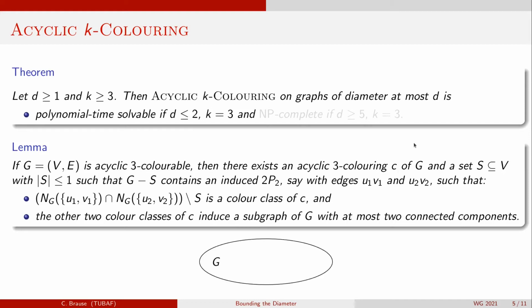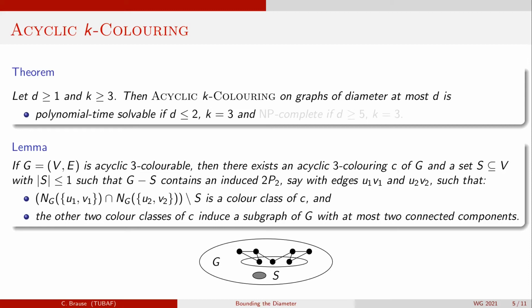If we have such a graph, then we find an acyclic 3 coloring, let's call it C, such that we have to remove at most one vertex, and in the obtained graph we find an induced 2P2 whose neighborhood is one of the color classes of C. Furthermore, if we remove this color class from G, then the remaining graph has at most 2 components, and as C is an acyclic 3 coloring, each of these 2 components must be a tree.